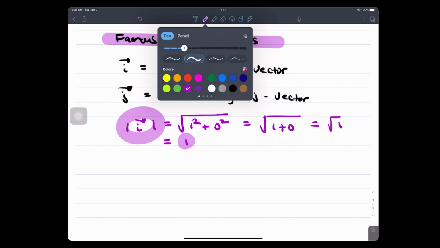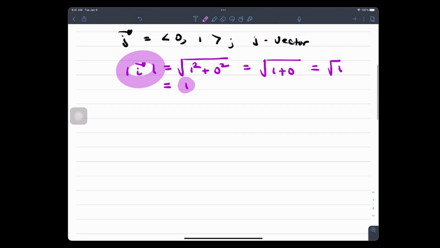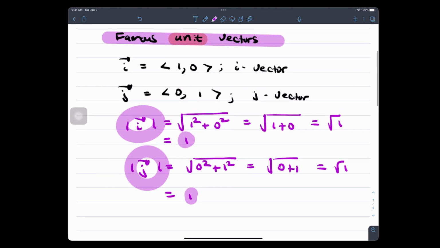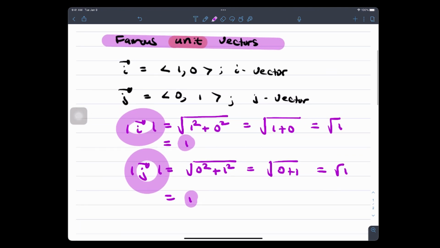That's what you really want to notice. j is also a unit vector, because why? It has a length of what? 1. So the 2 famous unit vectors in trig are both the i and j vectors.